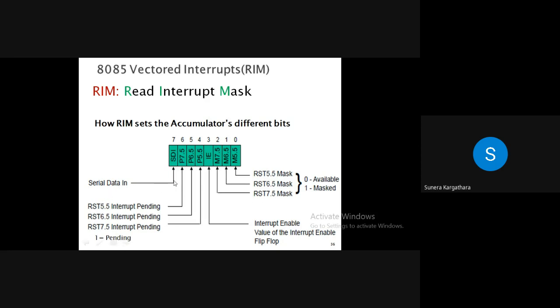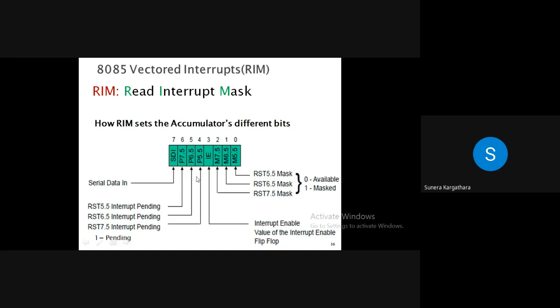Now you can see the next 3 bits, from which you can check whether a particular interrupt is served or not, meaning whether it is pending or served. You will get that information from here. Suppose I say this pin D6 is 1, that means my 5.5 interrupt, sorry students, here it should be 7.5, 6.5 and here it should be 5.5.